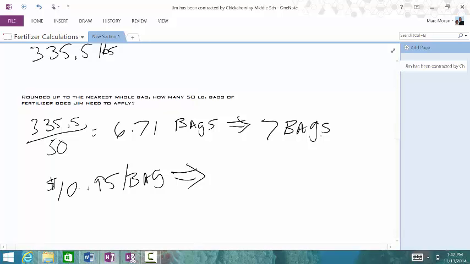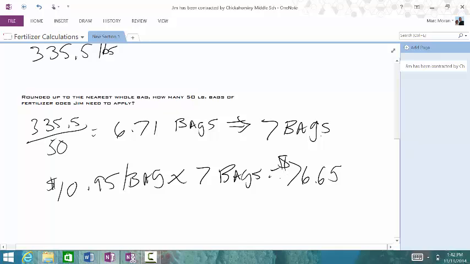So multiply 10.95 times 7. And that gives us $76.65. So for me to do one application at 7 bags for $10.95 per bag would cost me $76.65. Okay? And that's how we figure that.